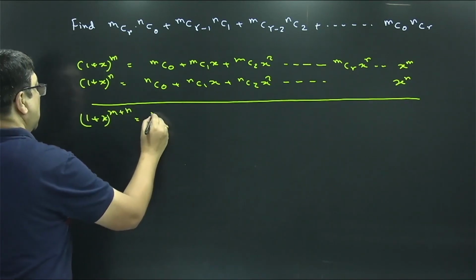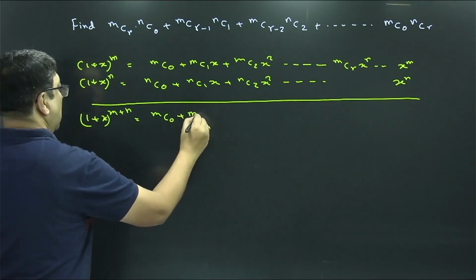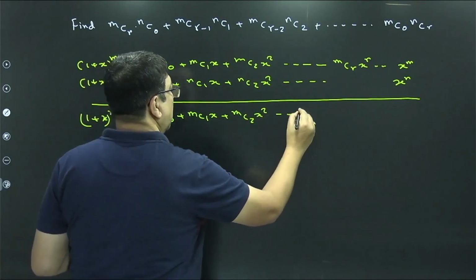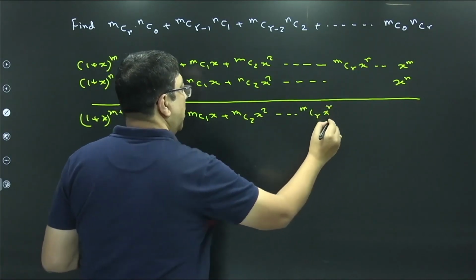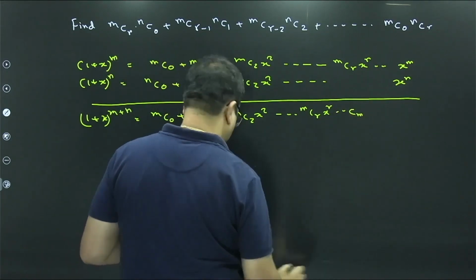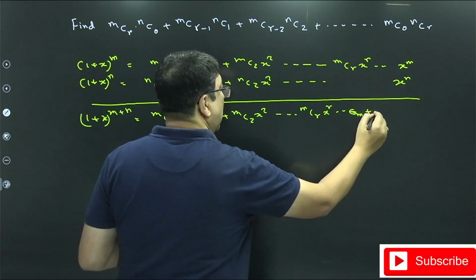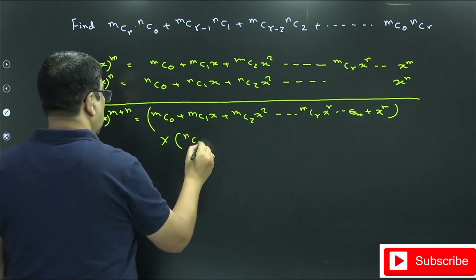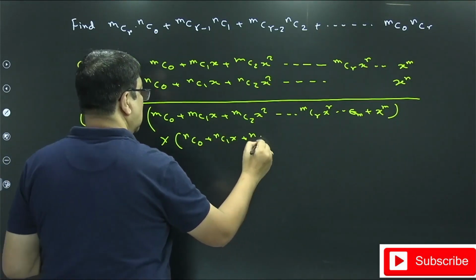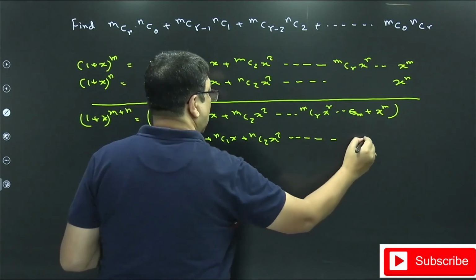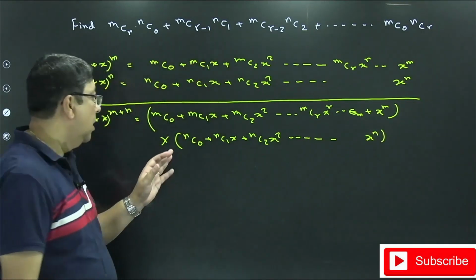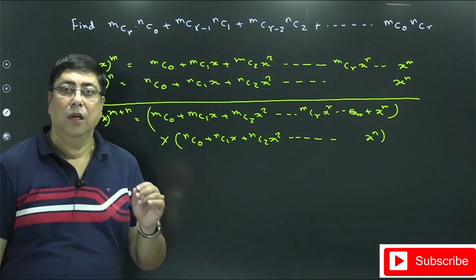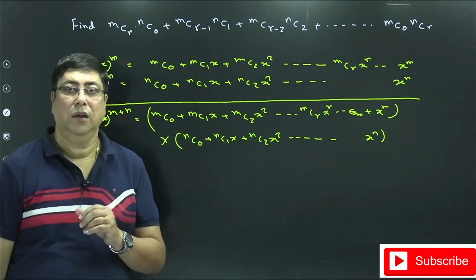So this is mC0 + mC1 x + mC2 x² + ... + mCr x^r + ... + x^m, multiplied by nC0 + nC1 x + nC2 x² + ... + x^n. This is the identity. In this identity, let us equate the coefficient of x^r on both sides.